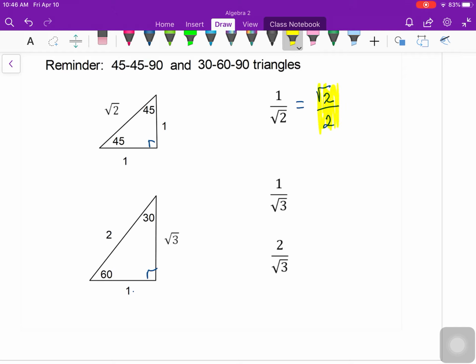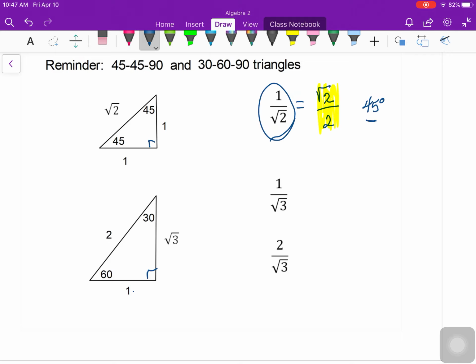What you have to remember is if you ever see square root 2 over 2, that it came from this original ratio, 1 over square root 2. And anytime I have square root 2 involved and 1, it comes from a 45, 45, 90 triangle. So we know our angles are going to be 45 degrees.